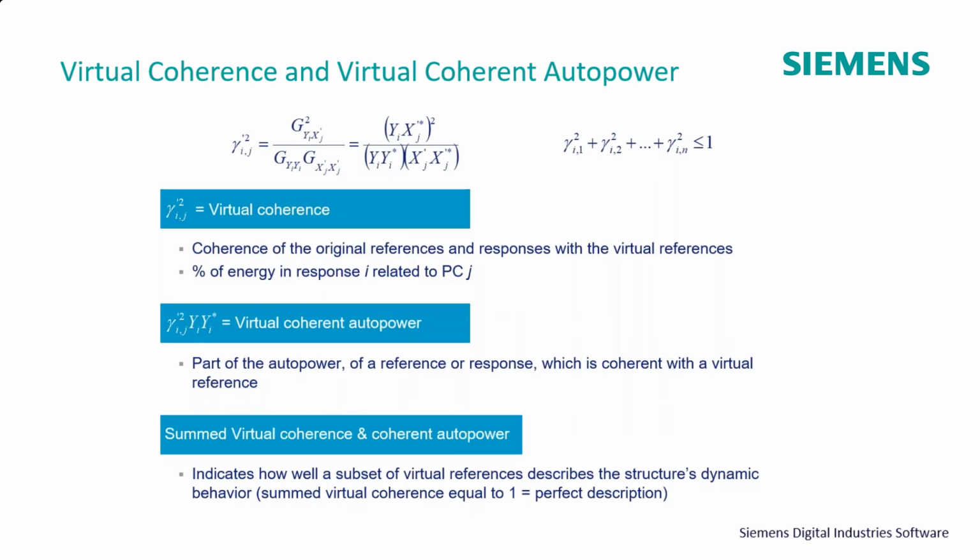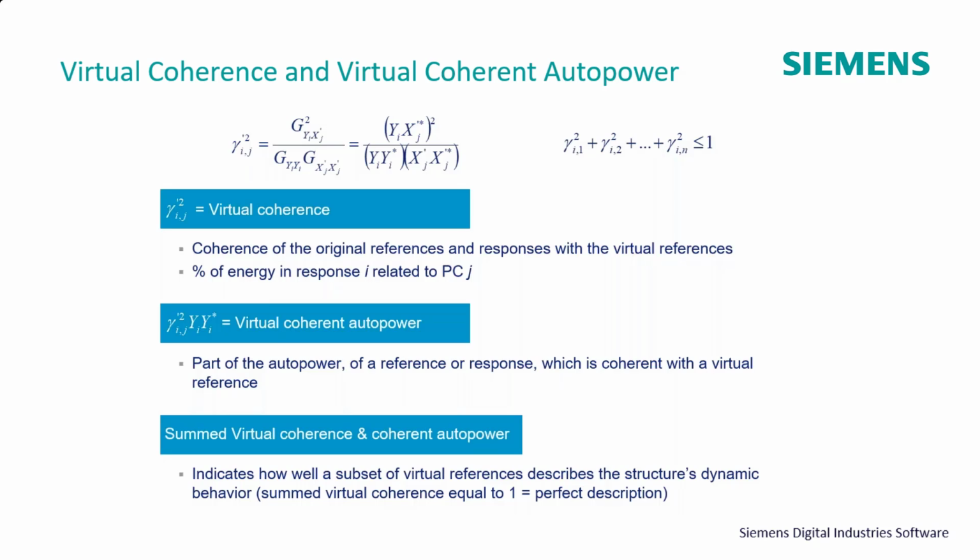The other outputs of the principal component analysis, we can look at the virtual coherences. This is the coherence of the original references and responses with the new virtual references. So that tells you the percent of energy in each response related to the new principal components. Virtual coherent autopower is the part of the autopower of the original references and responses which is coherent with the virtual reference.